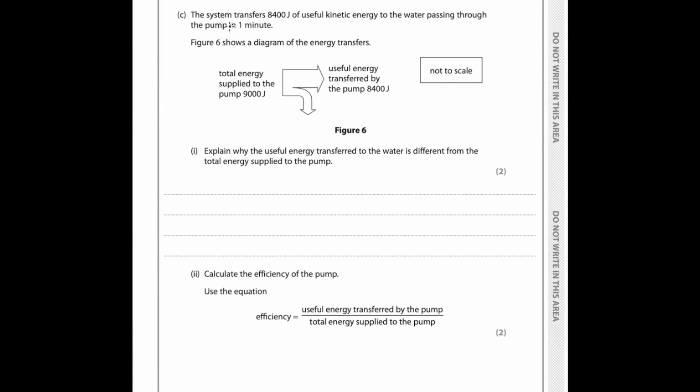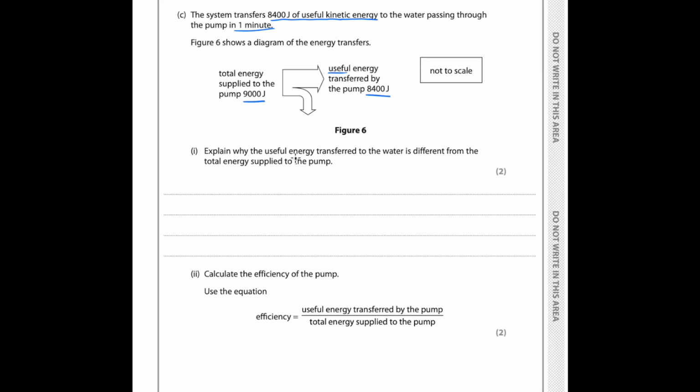Part C. The system transfers 8,400 joules of useful kinetic energy to the water passing through the pump in 1 minute. Figure 6 shows a diagram of the energy transfers. So 9,000 went in, 8,400 joules comes out as useful.